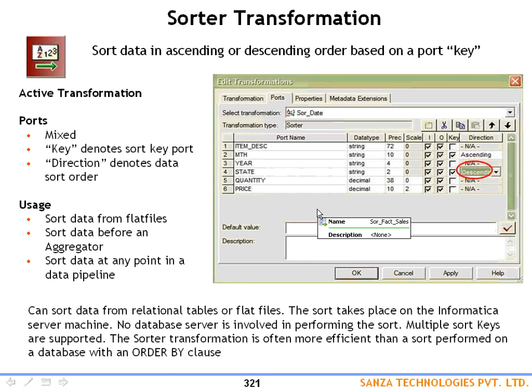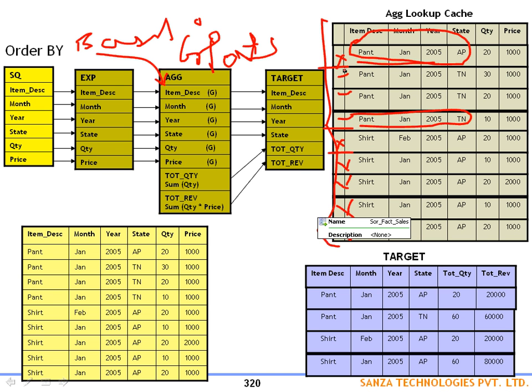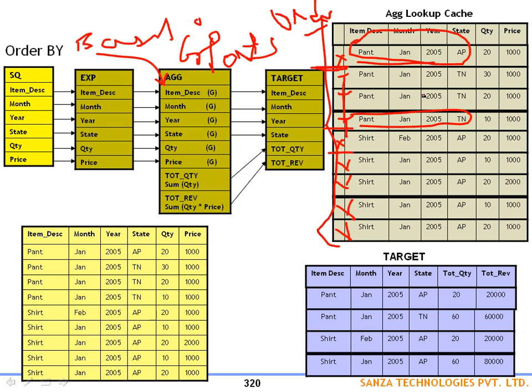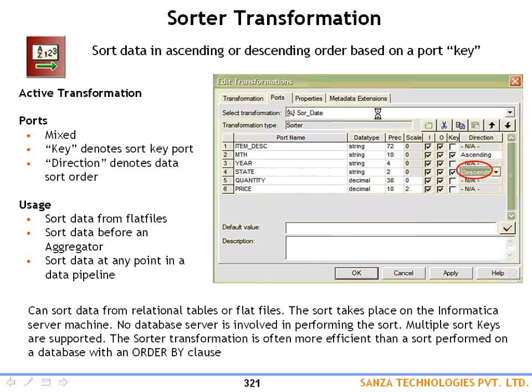But the discussion we had is that it scans the cache somehow. How does it know that data is coming in order by fashion? If it knows that it is coming in order by fashion, then it should not scan the cache down the line if there is no combination of the same record. But how does aggregator transformation know that data is coming in order by fashion?